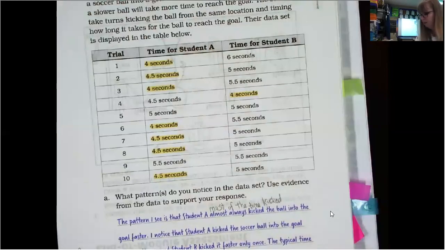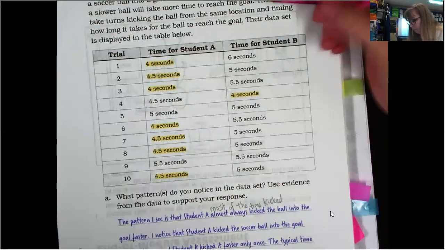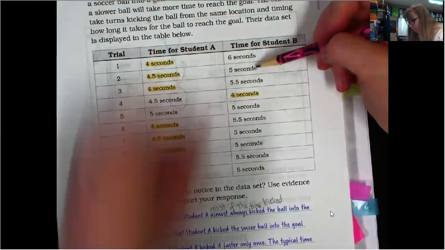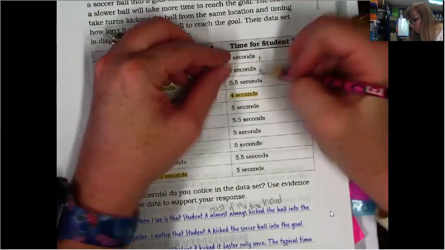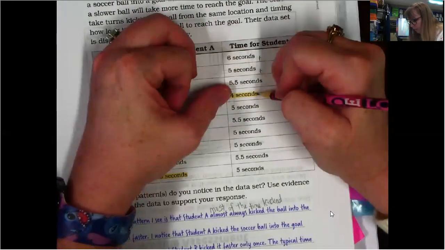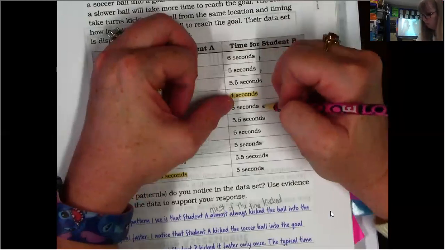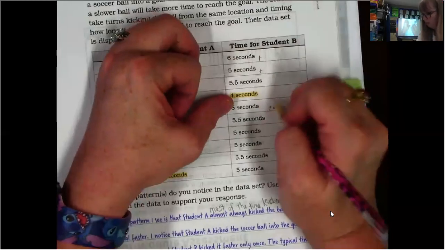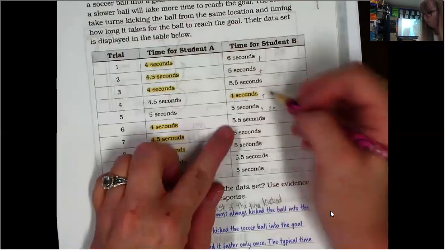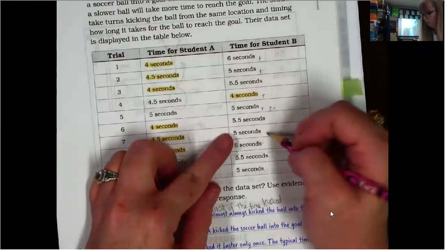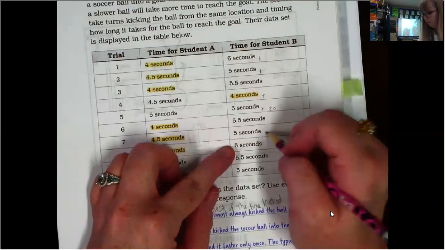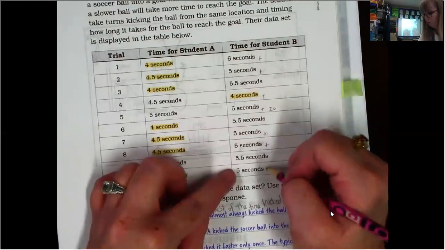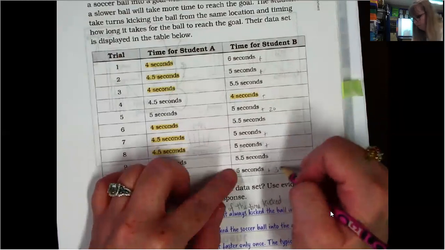Darn it. All right, for student B, 6 plus 5 is 11. So we got 11 so far. 11 plus 4 is 15. Plus 5 more is 20. So we got those 4 answered. Plus 5 more is 25. Another 5 is 30. So we're at 30. Plus 5 more is 35. Okay.